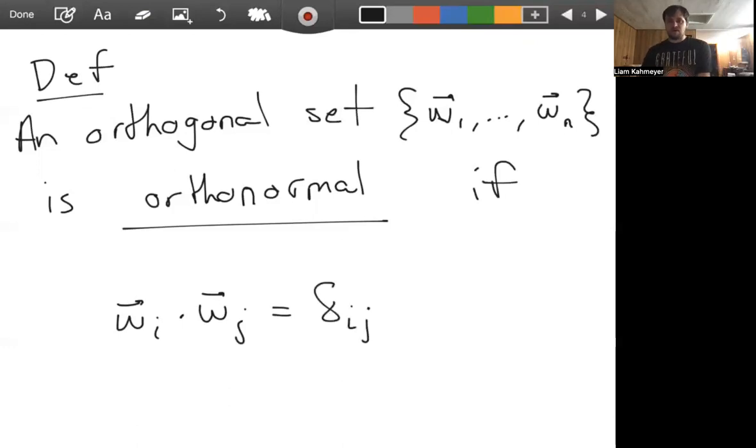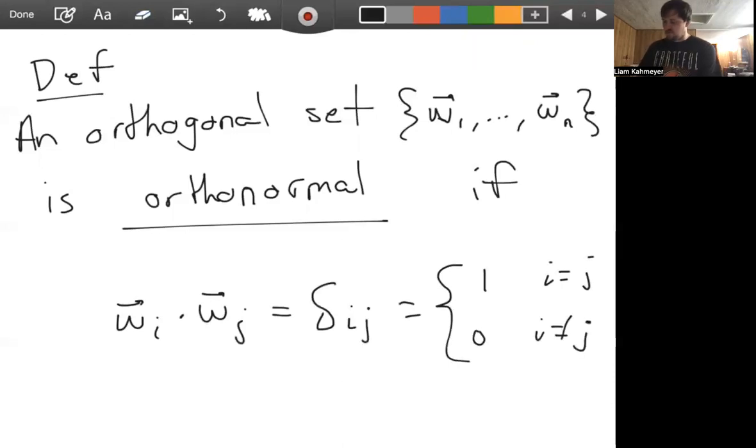If you haven't seen the Kronecker delta symbol, it is 1 when i equals j, and it's 0 when i is different from j.